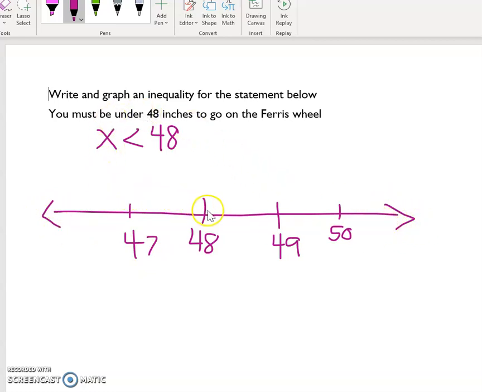Remember, when you're graphing, you're going to put a circle at the numerical value in the inequality. Okay, I'm going to leave this unshaded because it cannot equal 48. And then if it's less than, I'm going to shade in my line and arrow, indicating any of these numbers to the left of 48 would be a solution to this inequality.